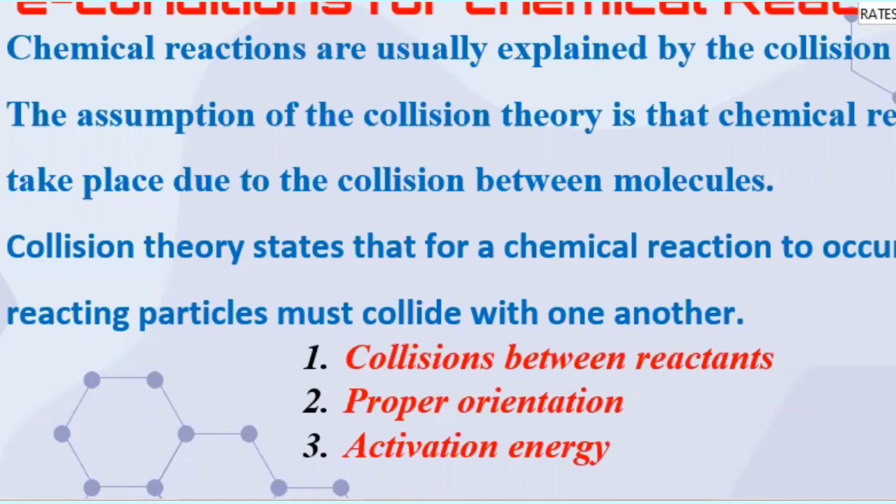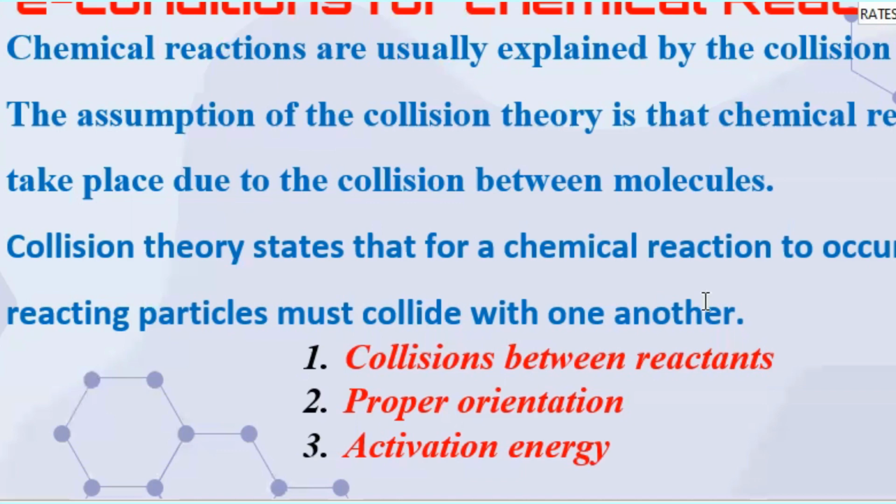The desired product. If there is no collision, we will not get the desired product. The assumption of the collision theory is that chemical reactions take place due to the collision between molecules. Collision theory states that for a chemical reaction to occur, the reacting particles must collide with one another.